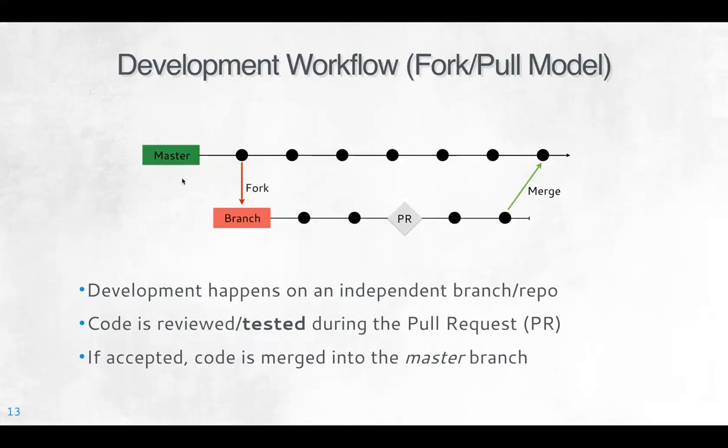And it's common to see projects where modifications only happen in these branches. There's nothing ever committed directly to master. Yeah, the code is reviewed and tested. Again, those tests you wrote are actually very useful. And then if it's accepted, the code is merged in the master branch. The commit authors remain along with their commits, so they get credit, and it shows up in the master branch.